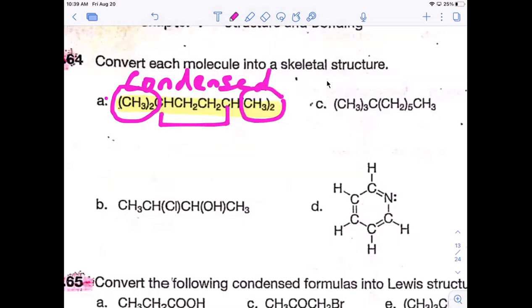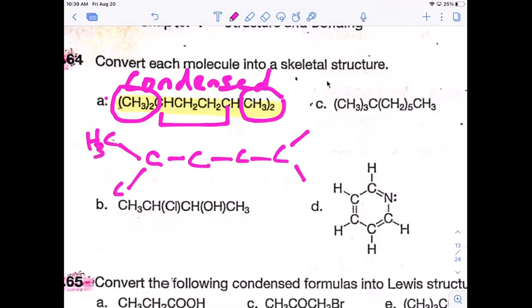So that's going to be 4 carbons, and then on each end is a CH3. Right, or two CH3s, right? And then this is a CH. And then this is a C.